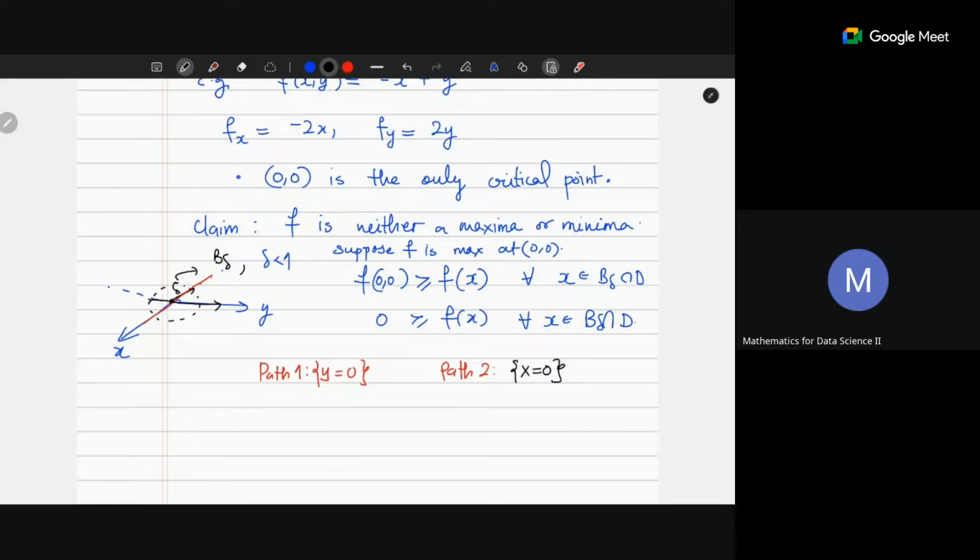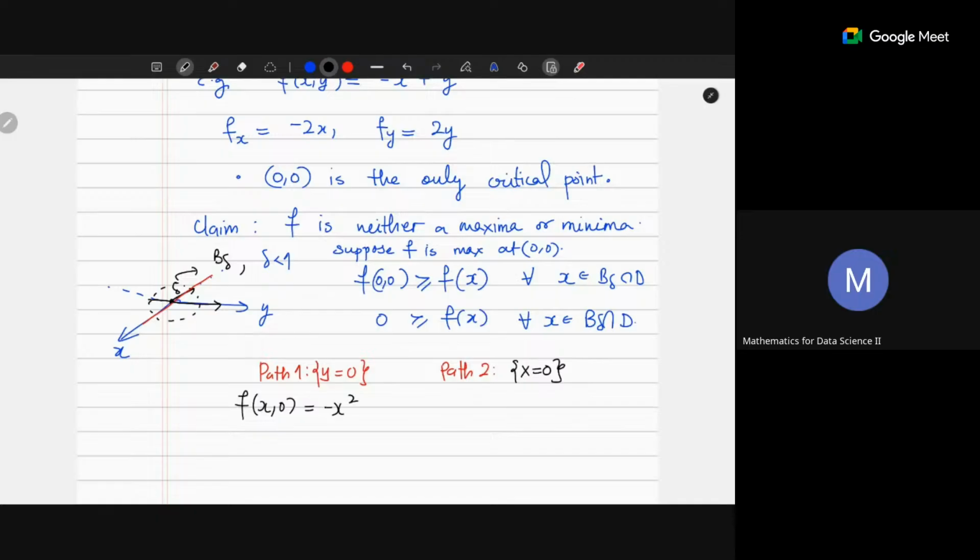Now if I evaluate my function along path 1, what do I get? f of x, 0 is just minus x square.